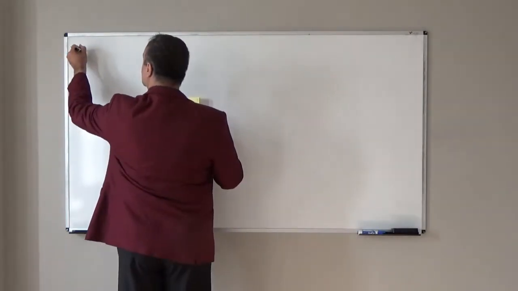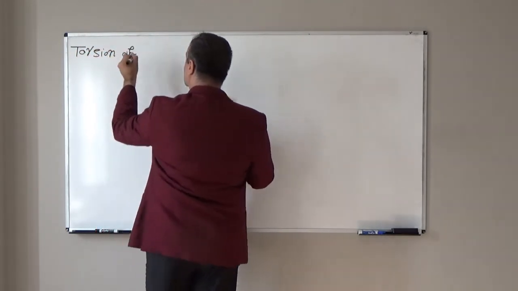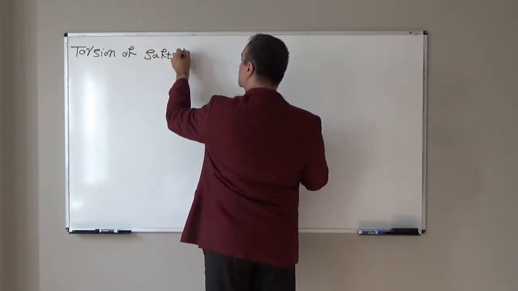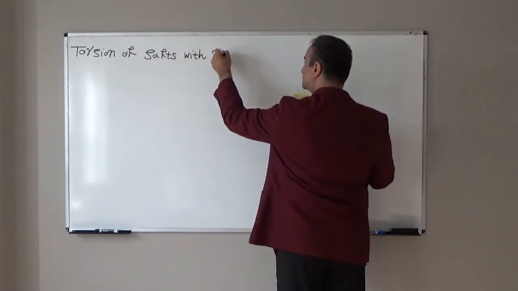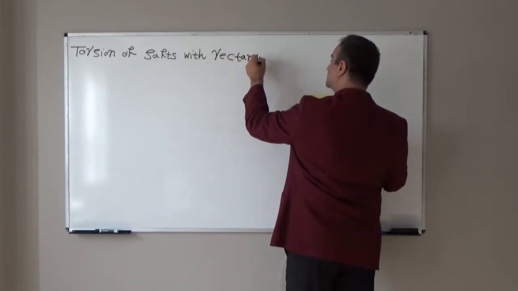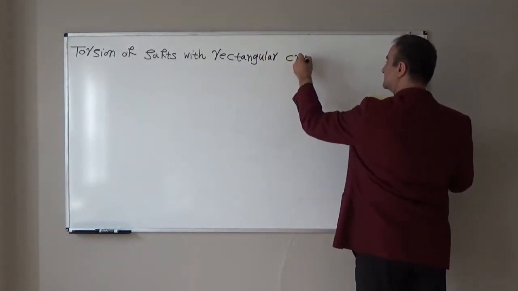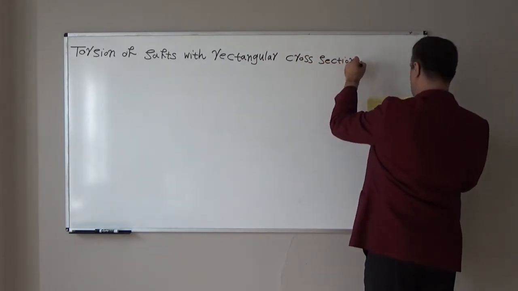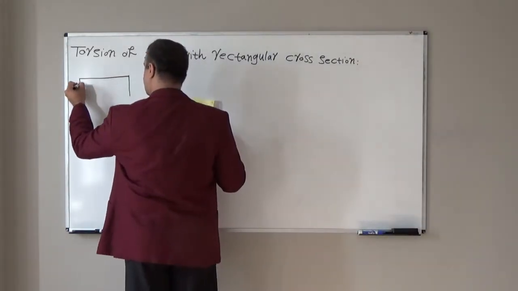So, rectangular cross sections, something like this.